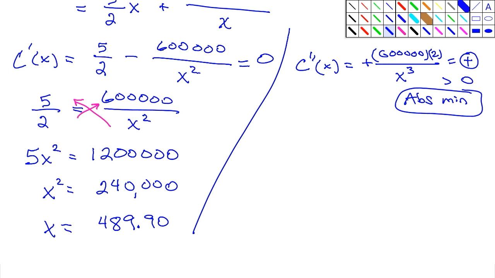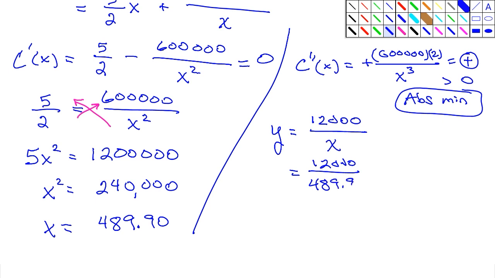And the question was, how many times per year should the restaurant order the napkins to minimize the total cost of storage and production? So that's y. And so the equation for y based on x was 12,000 divided by x. So this is 12,000 divided by 489.90, which is 24.5 times per year.